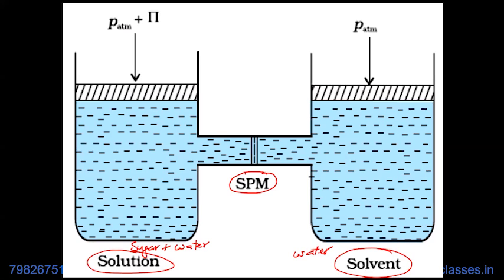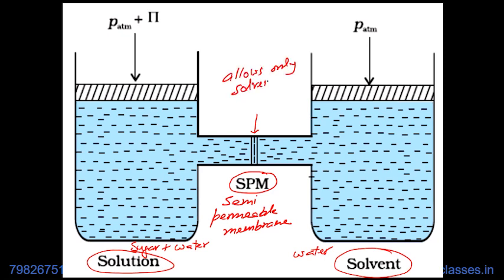Semi-permeable membrane means it allows only solvent particles to pass through it.